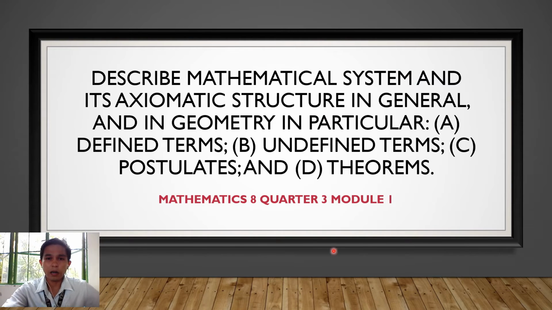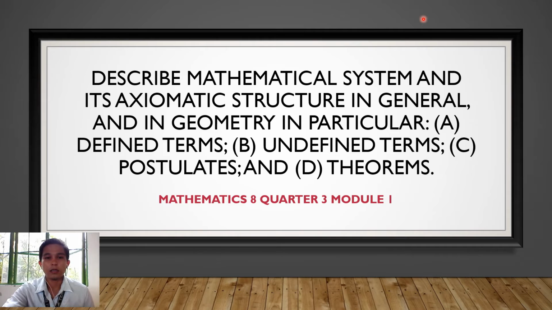Now here, our first topic we are going to tackle is about defined term, undefined term, postulate, and theorem. I know you already have a background in Grade 7 on what geometry is, especially the basic terms in geometry.